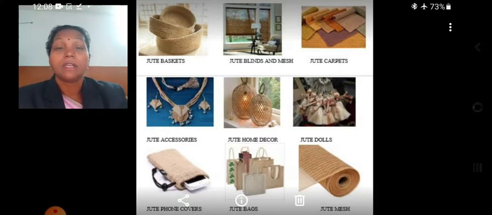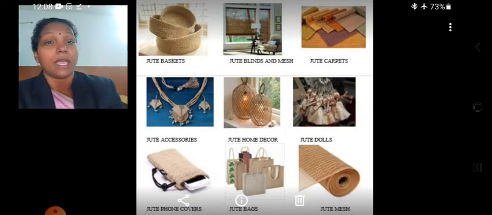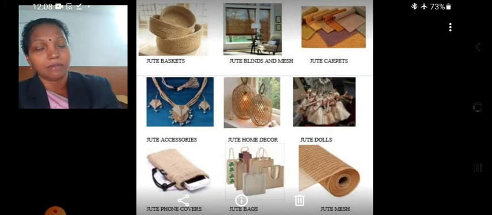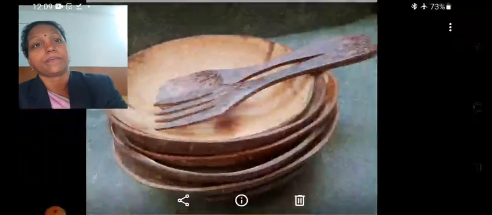So there are different articles made up of jute fibers. These are also environment friendly and can replace many of the articles that we use in our homes. When these materials are used, the problem of synthetic waste materials will be reduced.